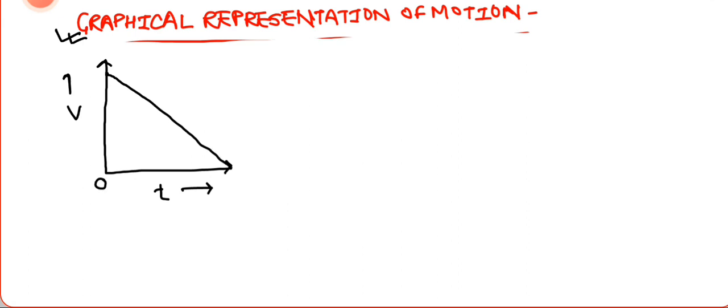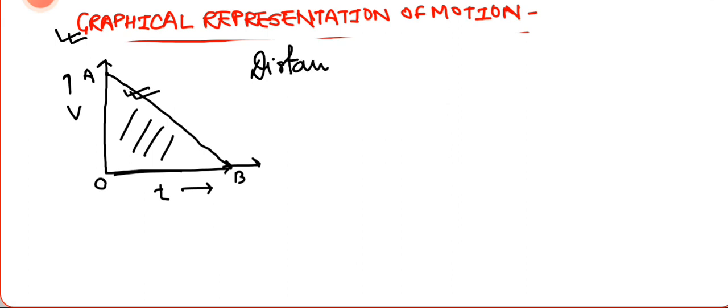Let us consider this is O, this is A, and this is B. Now, how will we find the distance over here? Distance, of course, is the area enclosed between the slope of the VT graph and the time axis, and this area is again triangular in shape. Therefore, distance will be equal to the area of the triangle.